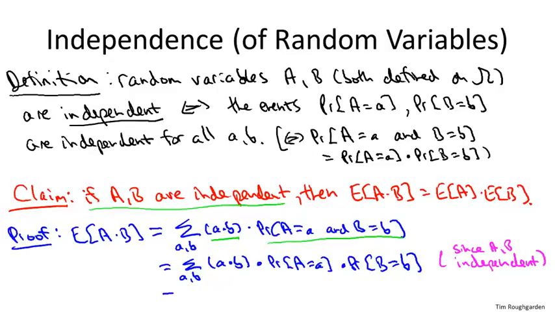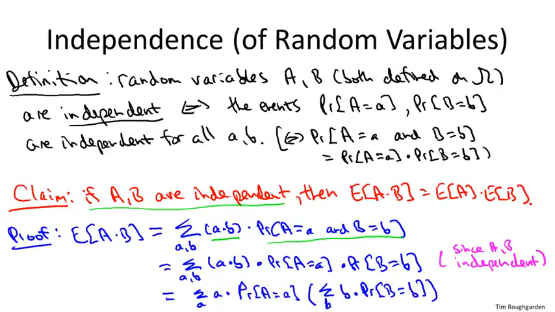So now we just need to regroup these terms. So let's first sum over a. Let's yank out all the terms that depend on little a. Notice none of those depend on little b, so we can yank it out in front of the sum over little b. So we have an a times the probability that big A takes on the value little a. And then the stuff that we haven't yanked out is this sum over b of b times the probability that capital B takes on the value little b.